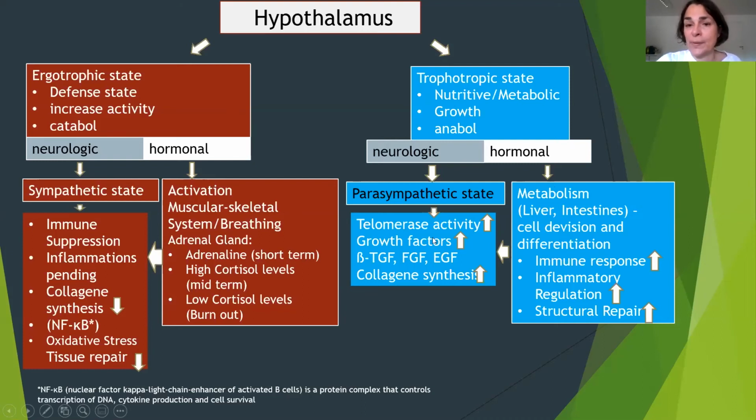So the parasympathetic state is where the growth factors are secreted and the collagen synthesis is increased. This is a state where regulation and healing can take place. So the first thing we have to do is to get the client or the patient in the parasympathetic state.